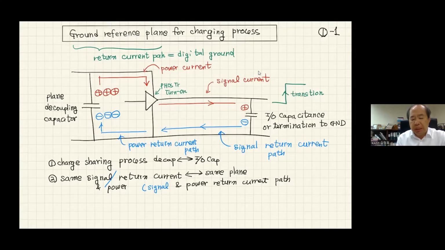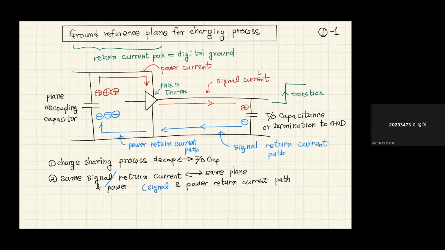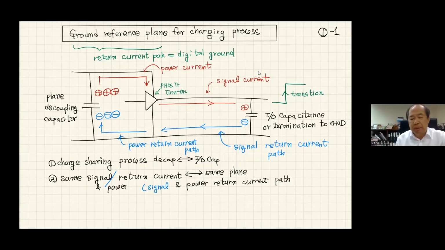Also, signal and power ground paths might be separated, as sometimes they are on the same metal plane. Also, I would like to say the return current path changes depending on decoupling capacitor positions and also depending on whether you are charging the I/O lines or you are discharging the I/O lines. So I will give you some cases right now, and please pay attention.